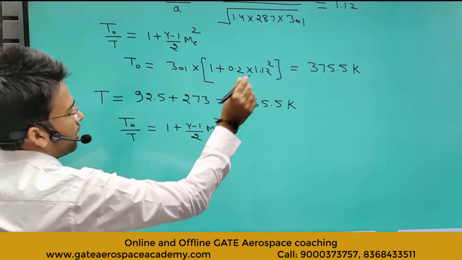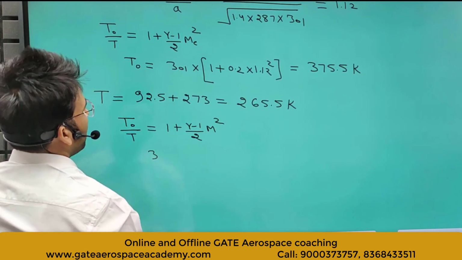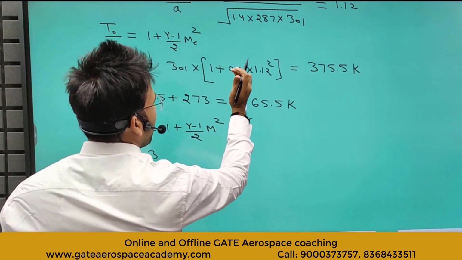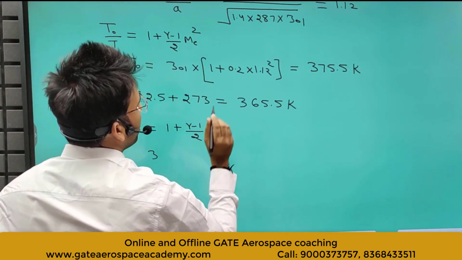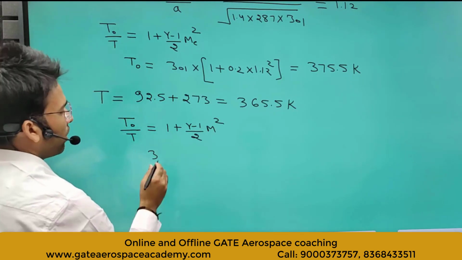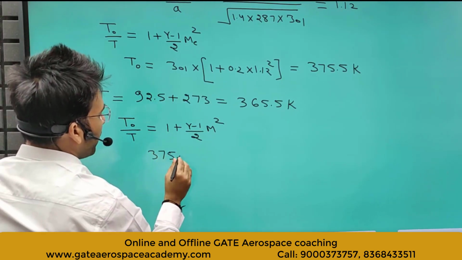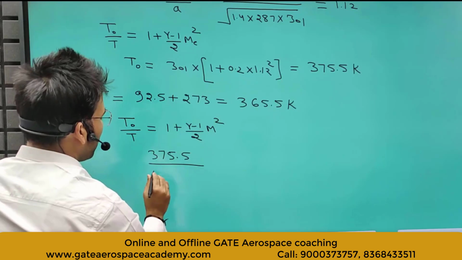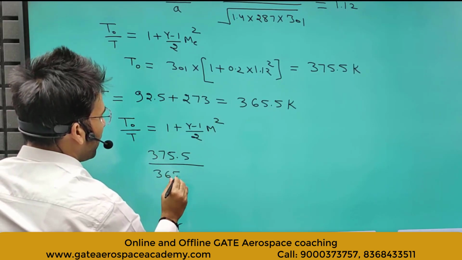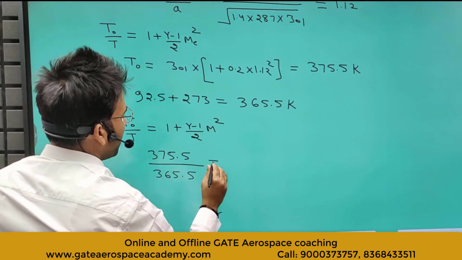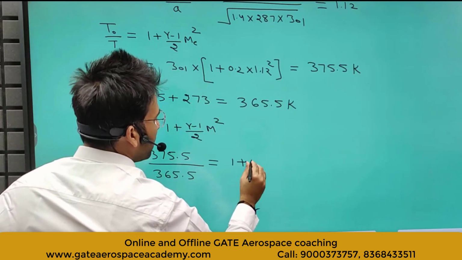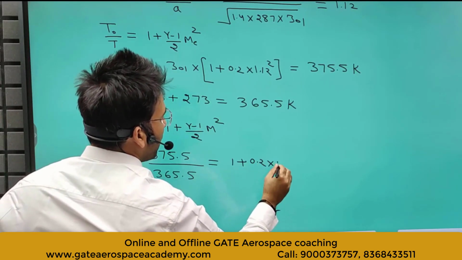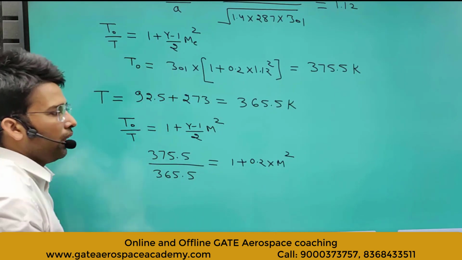T naught is 375. Sorry, this will be 365, right? T naught is 375.5 upon 365.5 is equal to 1 plus 0.2 into M square.